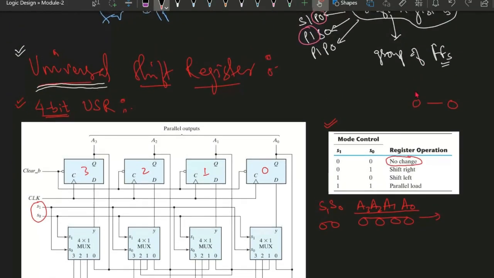You can note it down here: if this is Qn, the present state, and this is Qn plus 1 for the D flip-flop, then if the present state is 0, the next state will also be 0. If the present state is 1, the next state is 1.